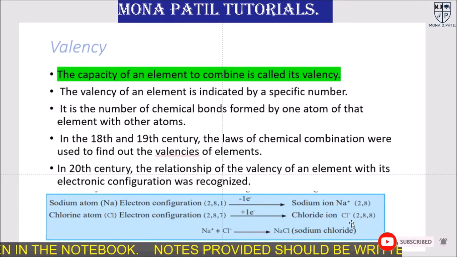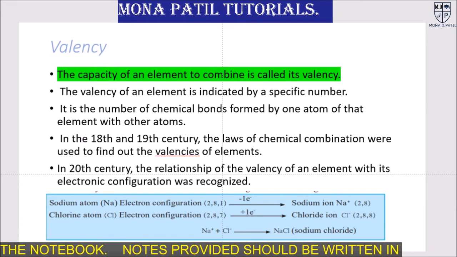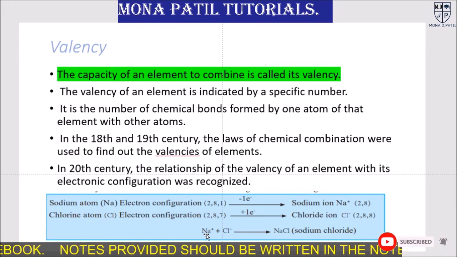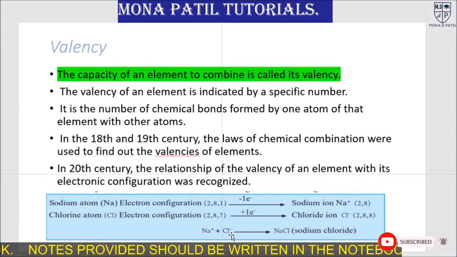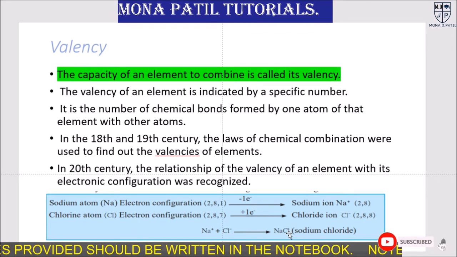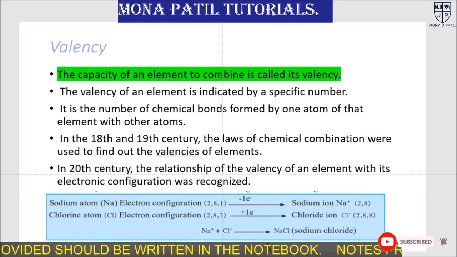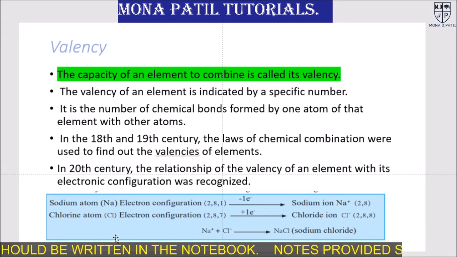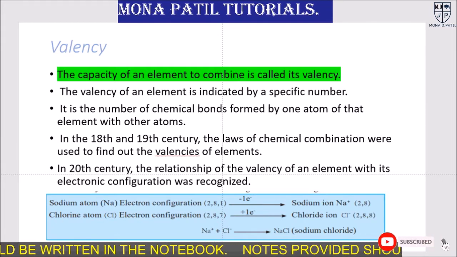Again it will be stable. In this way, by giving one electron by the sodium and taking one electron by the chlorine, sodium chloride salt is formed. So this is the use of valency, to form useful compounds.